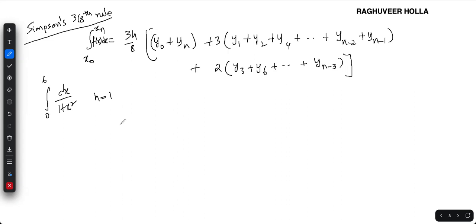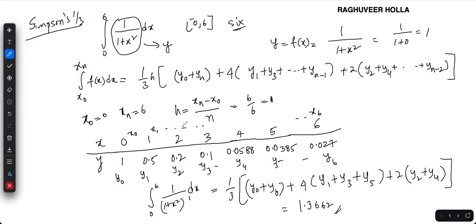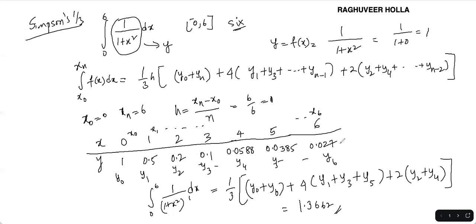We get, corresponding to x naught, y naught. Okay, so this is the same thing, which we get 1, 0.5, 0.2, and so on, right?